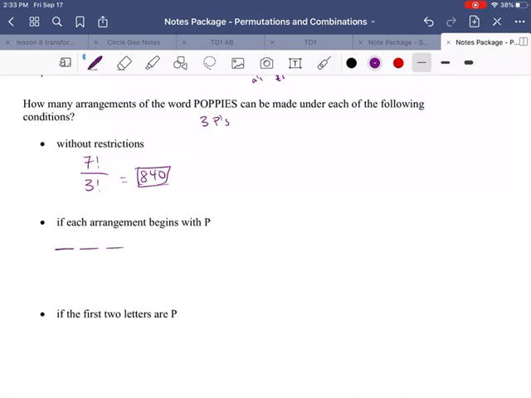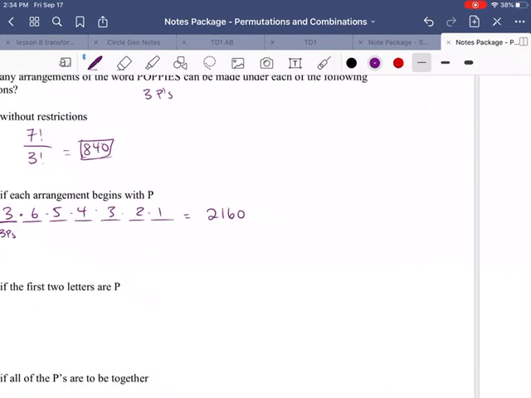So how many arrangements do we have? We've got 1, 2, 3, 4, 5, 6, 7. And we've got 3 P's, so 3 options. And then we're going to go 6, 5, 4, 3, 2, and then 1. And that gives us 2,160.